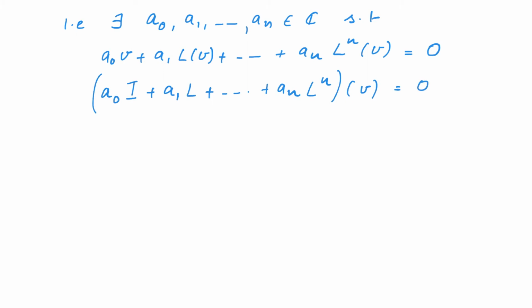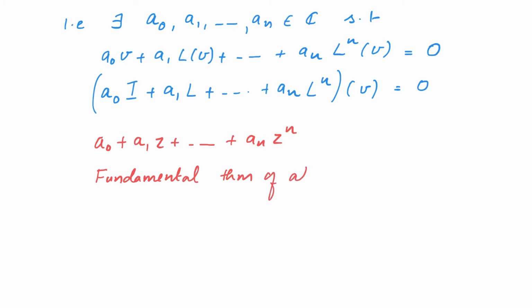Now, if we instead consider the polynomial a0 plus a1 z plus etc., up to an z power n, then the fundamental theorem of algebra states that it has a root.